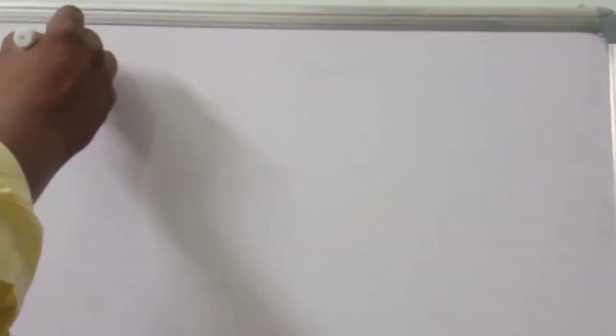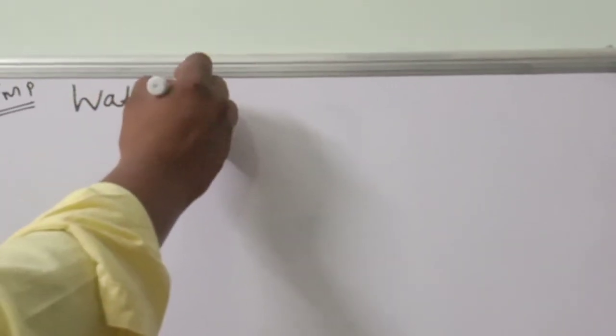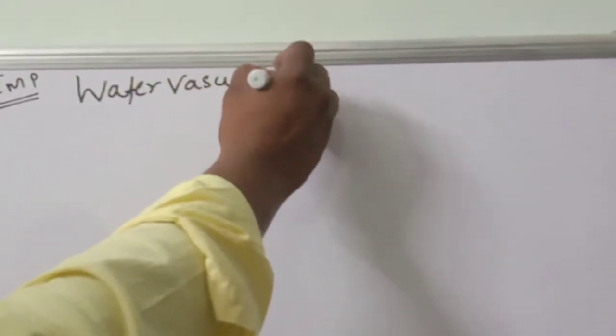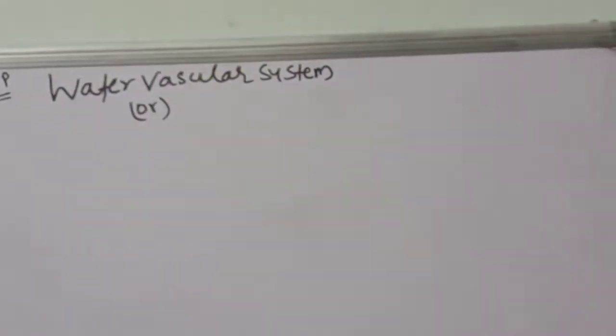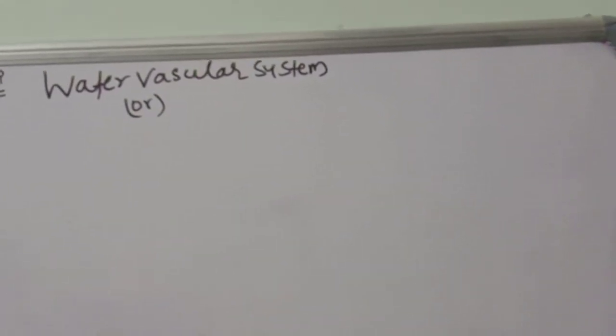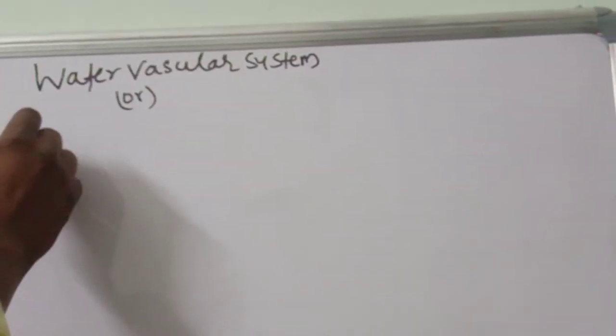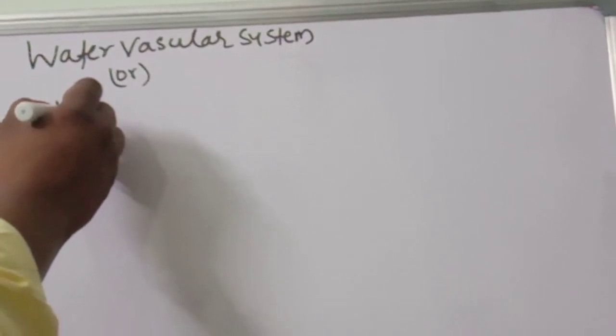They have a water vascular system, also called the ambulacral system.